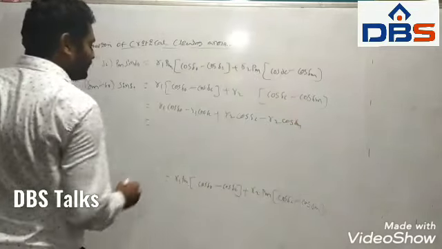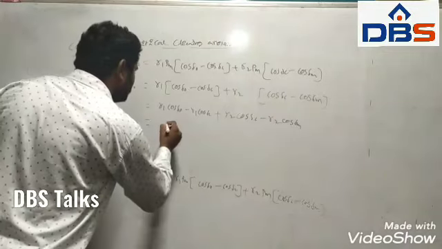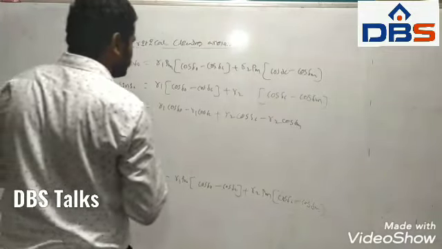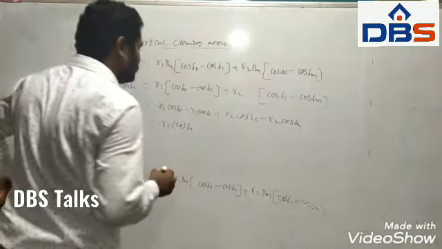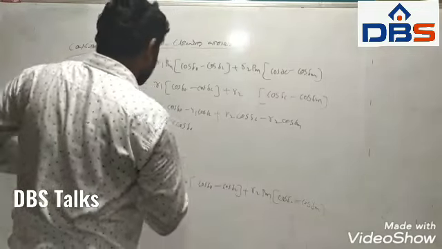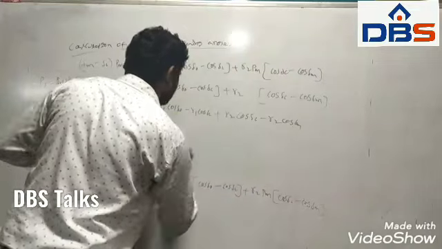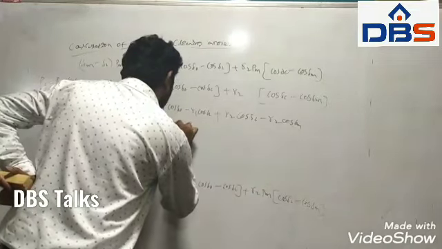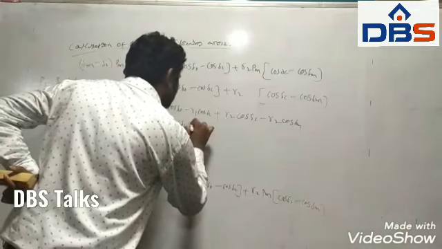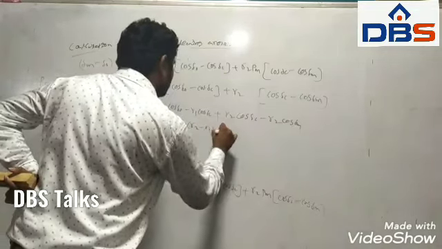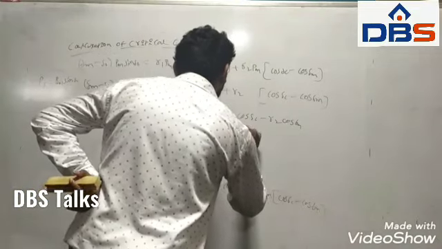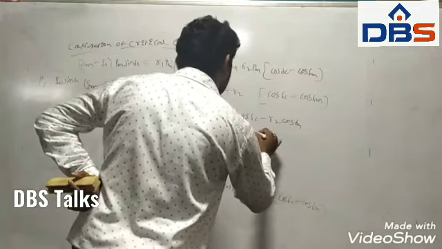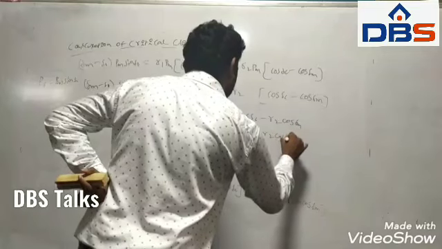So from this one we are writing r1 into cos delta naught plus r1 cos delta naught minus r2 cos delta m.